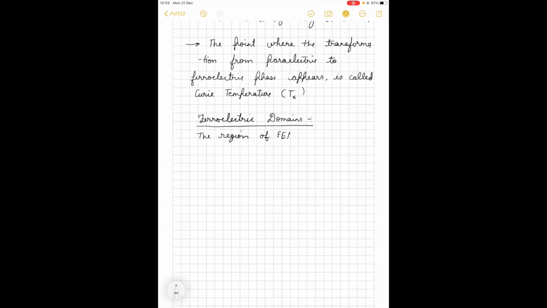The region of a ferroelectric material in which the polarization P is in a given direction is known as ferroelectric domain. I'll just show you via a picture so it will become clear. Ferroelectric domain or a Weiss domain.